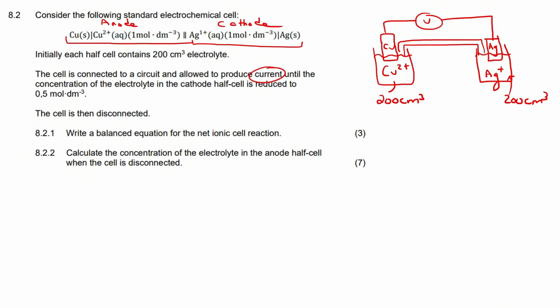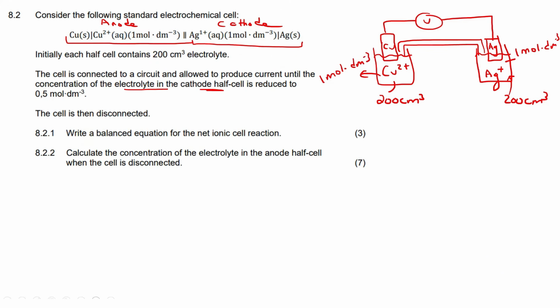And they keep doing that until the concentration of the electrolyte in the cathode becomes 0.5. Initially, I forgot to write this down, the concentrations are 1 mole per decimeter cubed, and this one is also 1 mole per decimeter cubed.